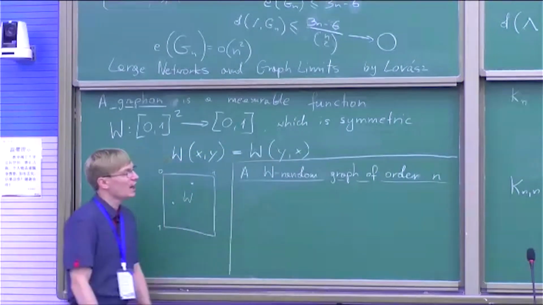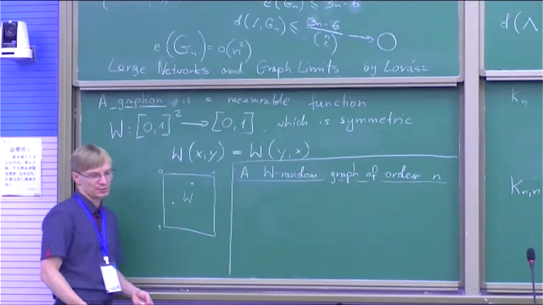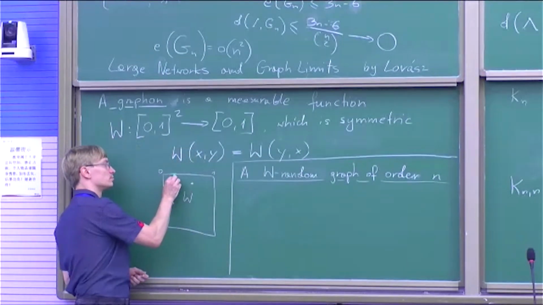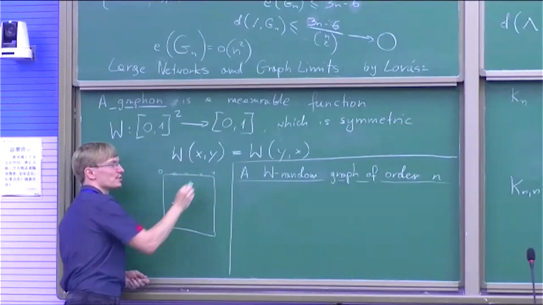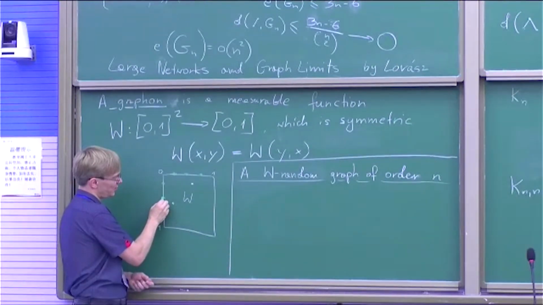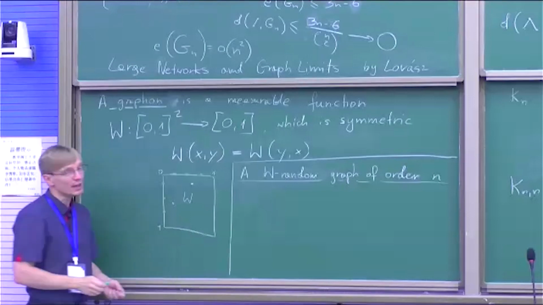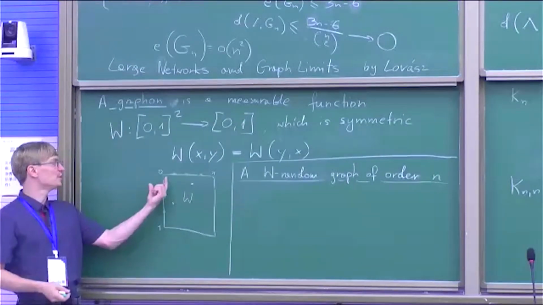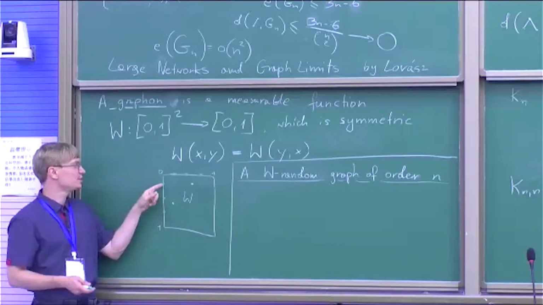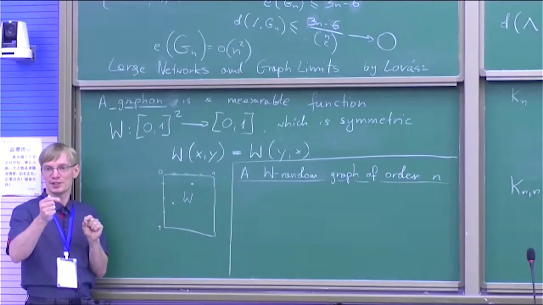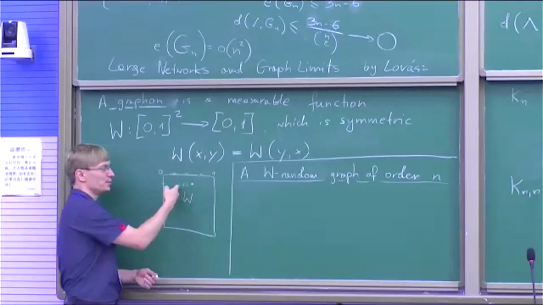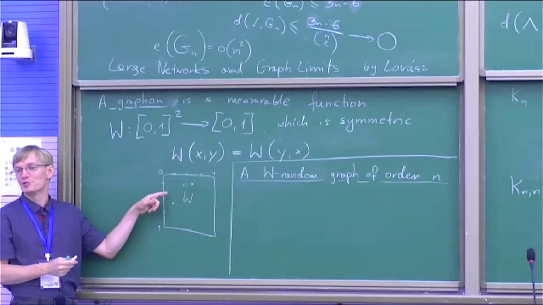So intuitively, I'm choosing at random n points from the [0,1] interval. And then between every 2 points, I look at the probability of having an edge between them.